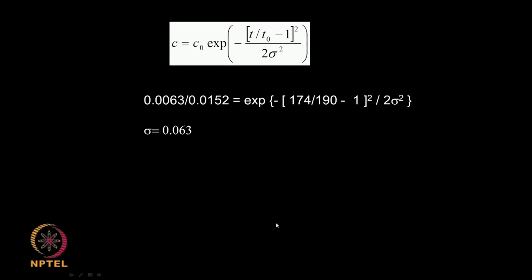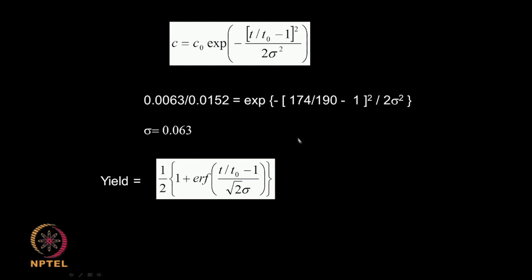Now, the next step is to calculate the yield. Now, I need to go to this equation. If you remember this, so if I collect sample from the beginning right up to 200th minute, what will be the yield? The equation is half multiplied by 1 plus error function T by T naught minus 1 divided by square root of 2 sigma.